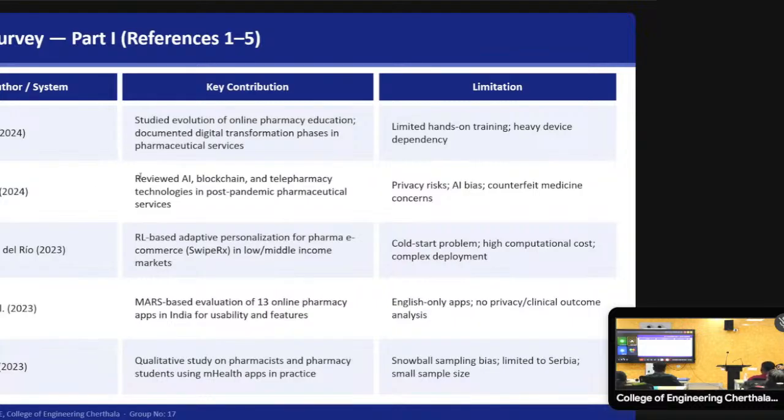Literature survey. In our literature survey, we studied around 10 research papers and existing systems, focused only on pharmacy.